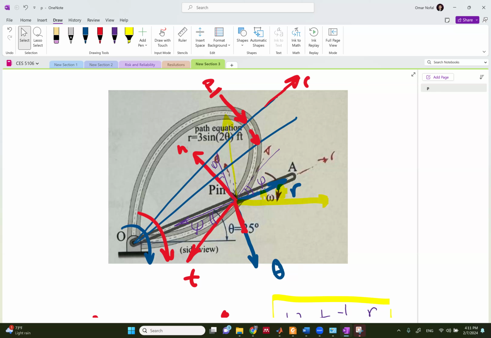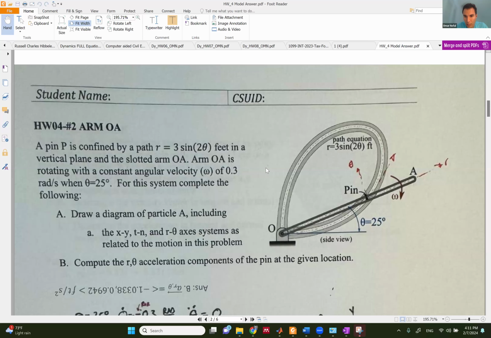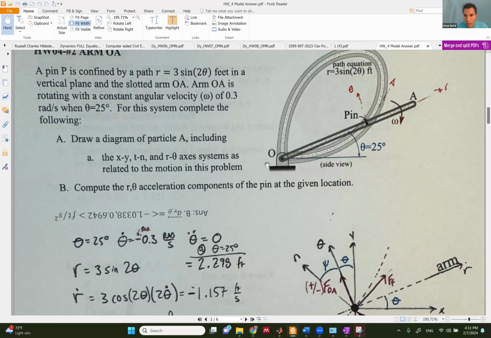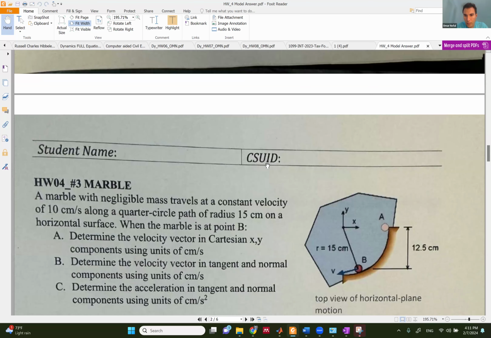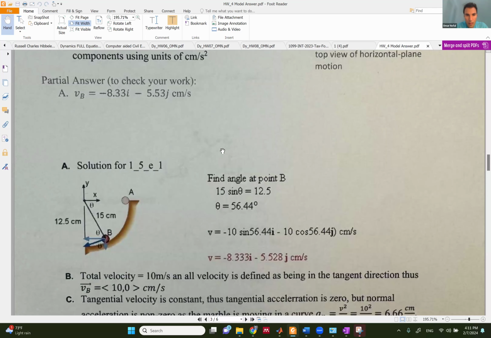And what about N? Okay, so let's think about N. N is the normal force from the moving mass on the arm. Let's get real examples here. I think I have one here somewhere.